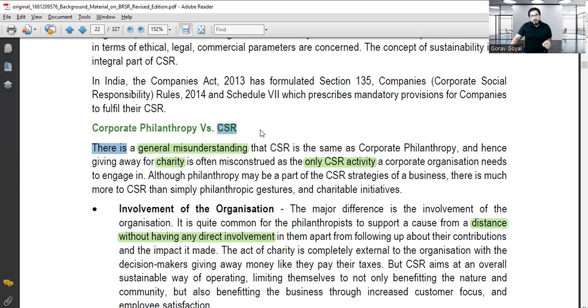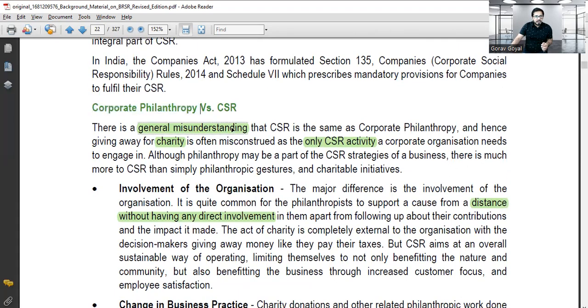You need to see how that is going to benefit society at large and what its impact is, how it is going through. So it's about taking responsibility, developing the behavior and demonstrating that behavior in your policies and actions, rather than philanthropy, just giving the charity and just forgetting.